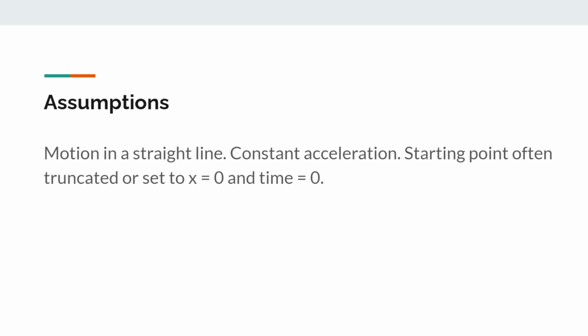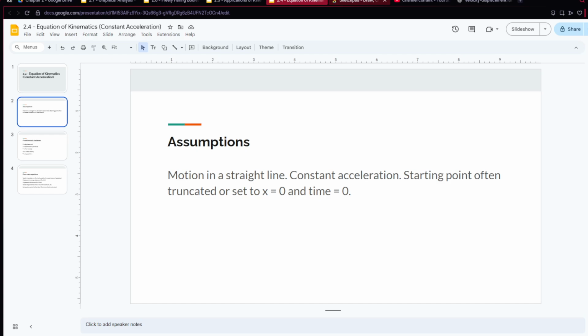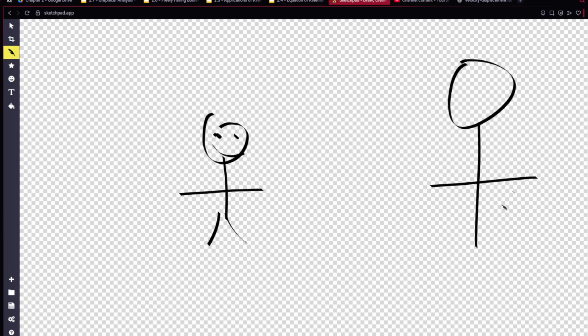So the starting point often is truncated or set to x equals 0 and time equals 0. So that means that regardless, let's say you're in a classroom and a teacher is writing on the board, or you guys are taking a test.